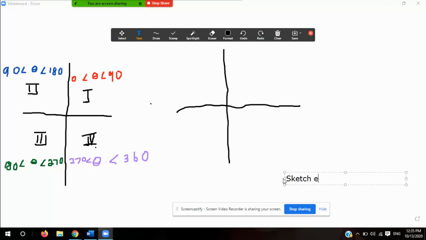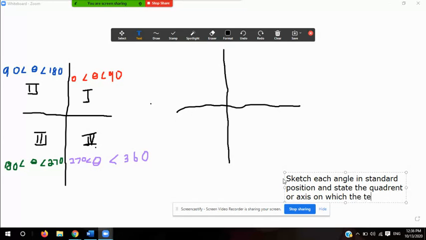Sketch each angle in standard position and state the quadrant or axis on which the terminal side lies.